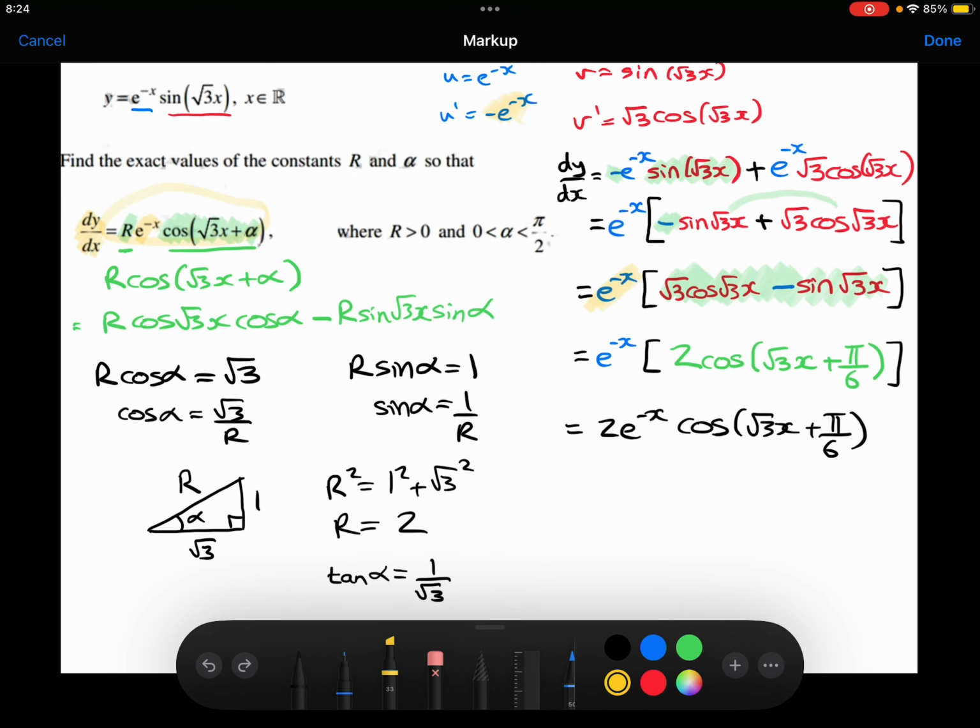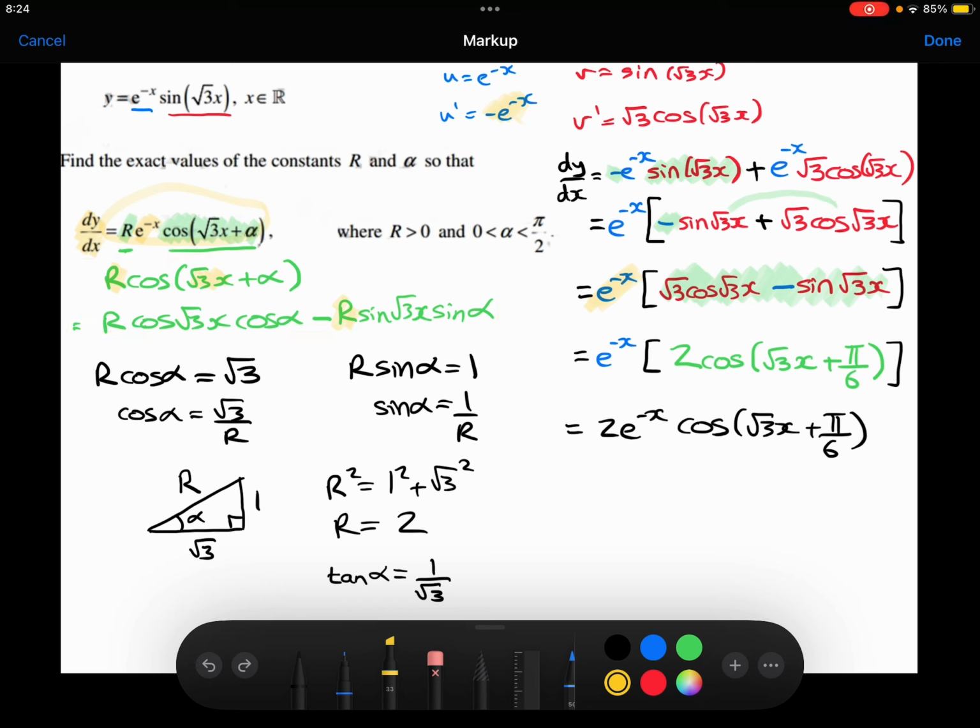So I've got r times cos root 3x cos alpha, minus in the middle because it's a plus here, r sine root 3x sine alpha. So this is me just expanding that out using the addition formula from the formula sheet.